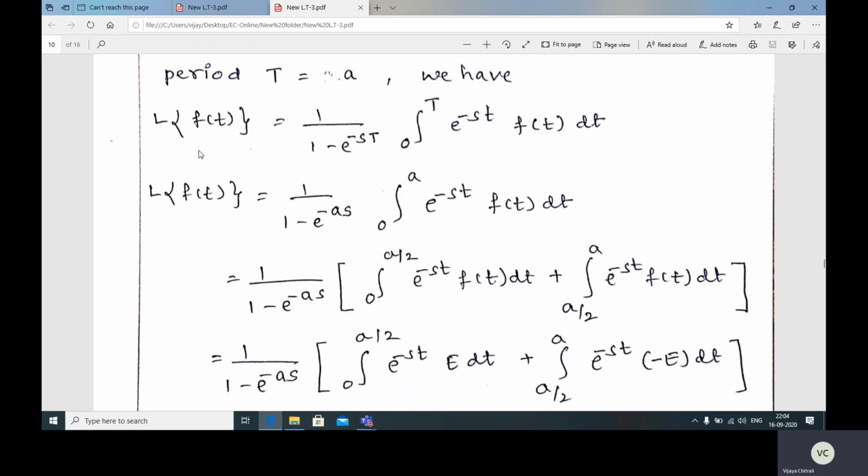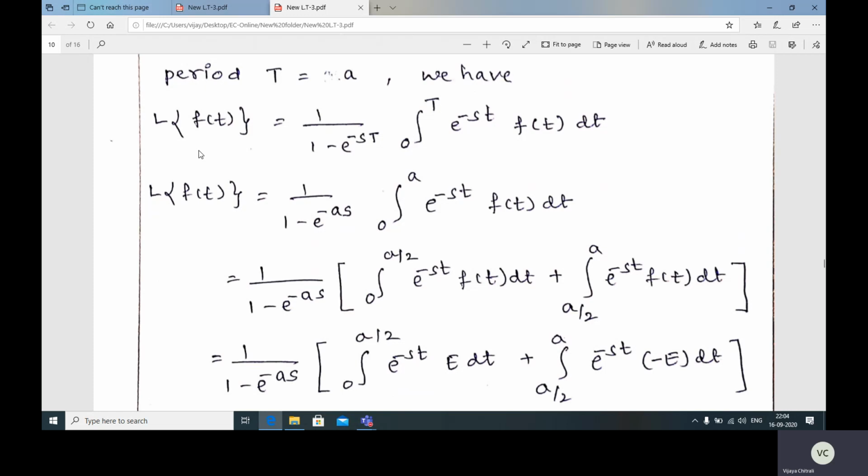So 1 upon 1 minus e raised to minus as into bracket, 0 to a by 2 e raised to minus st f of t dt plus a by 2 to a e raised to minus st f of t dt.